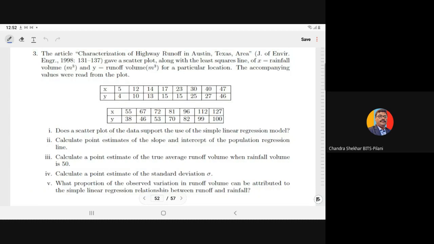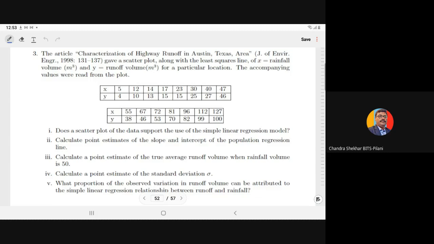Then in the fifth part: what proportion of the observed variation in runoff volume can be attributed to the simple linear regression between runoff and rainfall? Here you have to compute the coefficient of determination.